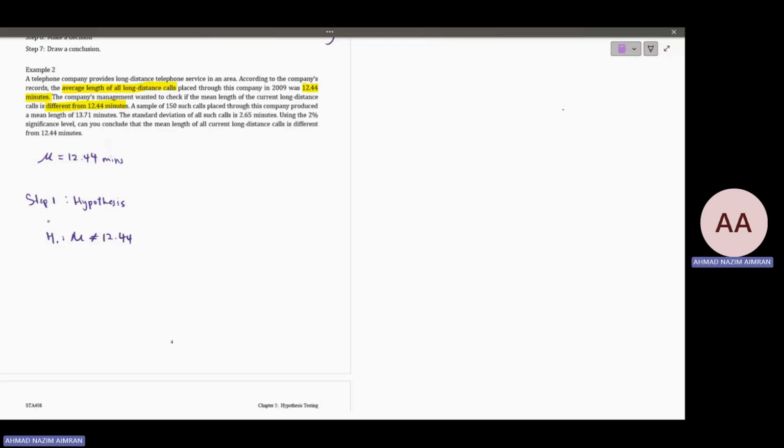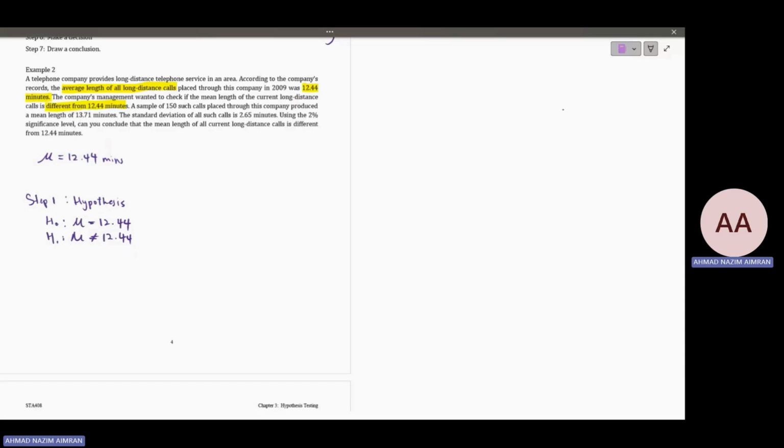And from here, we also know that our null hypothesis is mean is equal to 12.44 minutes. Okay. And for the null hypothesis, remember, always use the equal to symbol just to be safe.